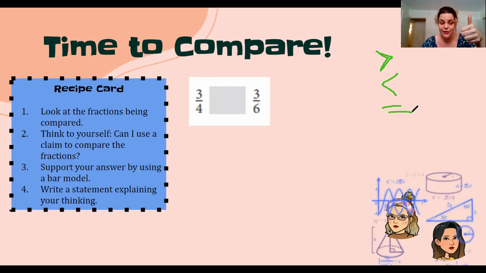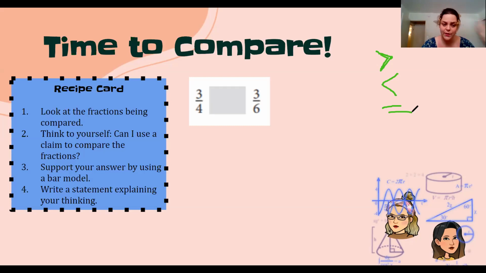Make sure you make a bar model for it like it says in the recipe card, and make sure you use the claim in your statement. So maybe take 3 to 5 minutes to work on that. And if you see me talking again, it means that you've done the work, you wrote the recipe card down, you compared 3/4 and 3/6, and we're back.